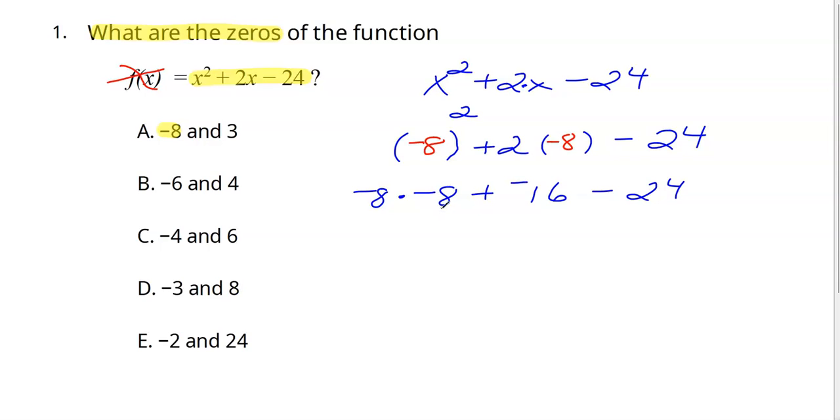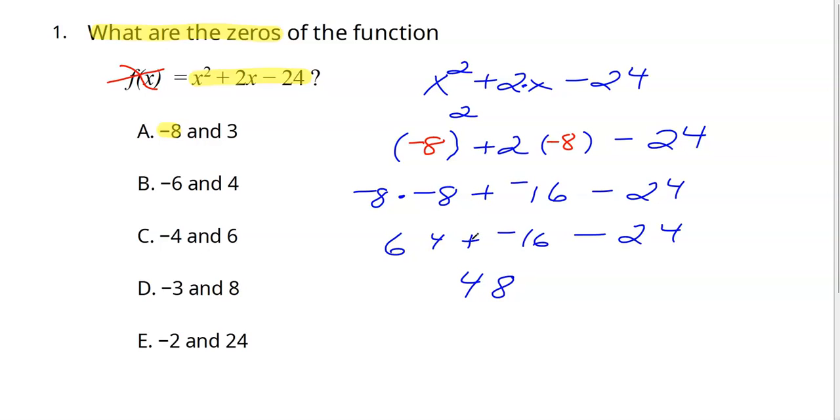Now let's do this piece here. -8 times -8 is 64, plus a -16, minus 24. Well, let's see, what's 64 plus -16? That's 48. Now, think about this for a second. When I say 64 plus -16, that's the same as saying 64 minus 16.